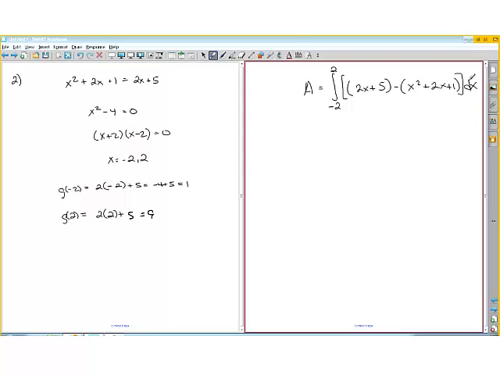Now, if we did it the other way around, we would get a negative area. So if you make the wrong choice, you can always realize it when you get a negative area.